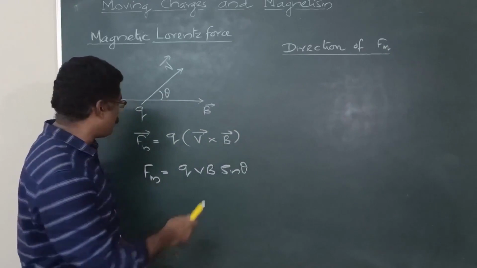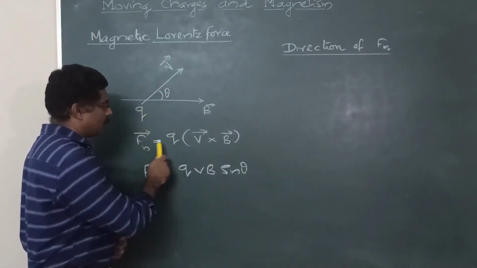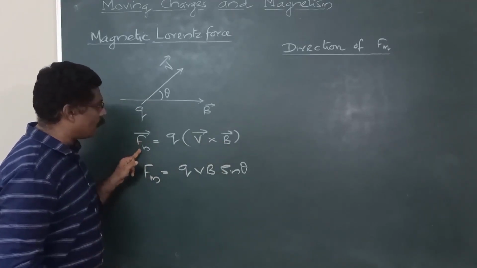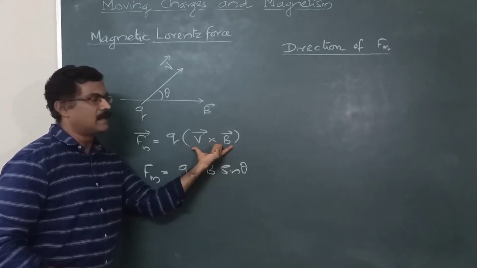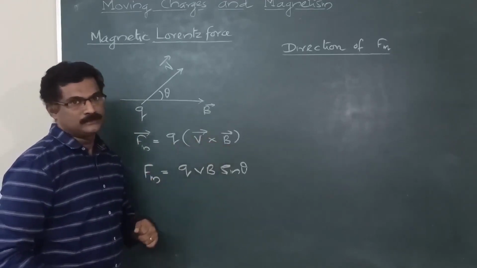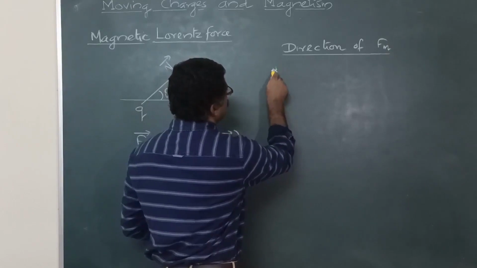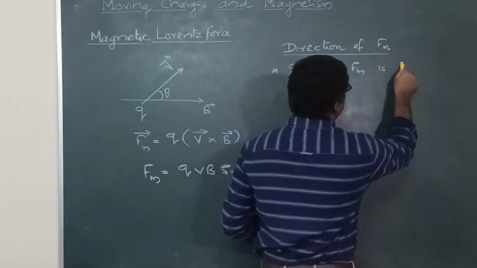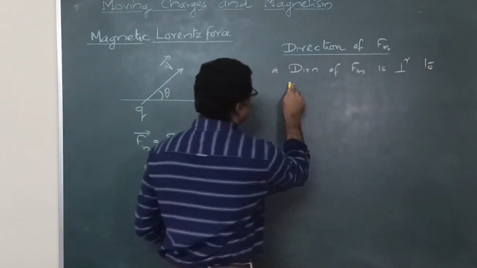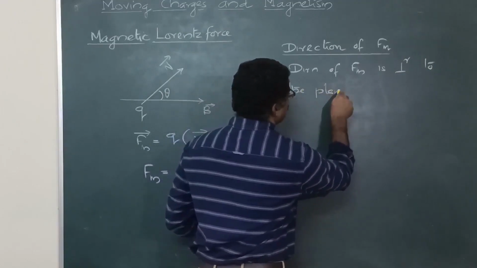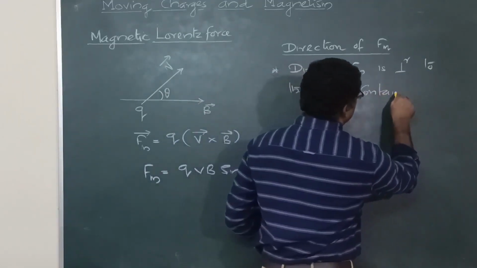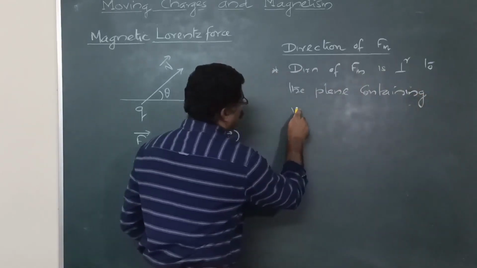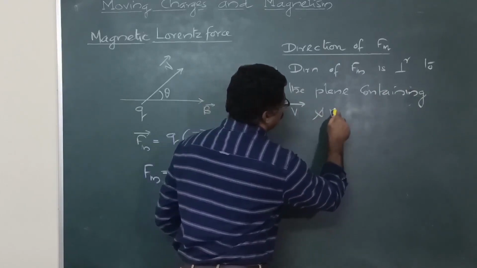We have the equation for the magnetic Lorentz force in vector form as Fm equal to Q into V cross B. So we can say the direction of the magnetic Lorentz force is perpendicular to the plane containing V vector and B vector.